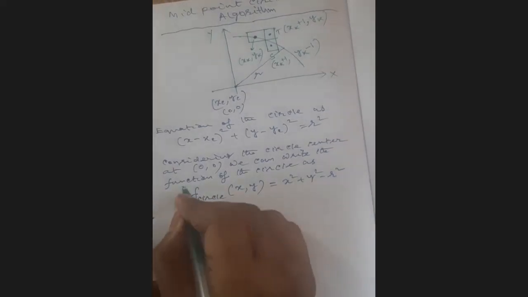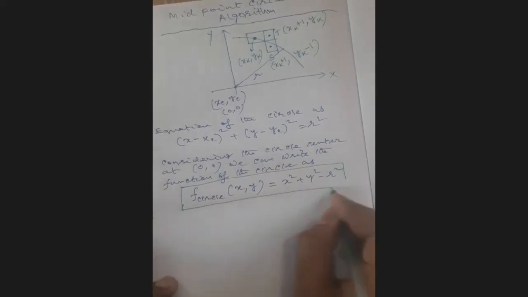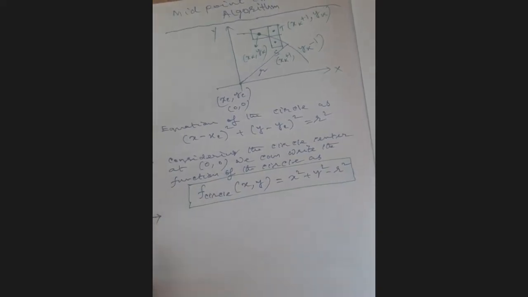Okay, the decision parameter may be defined. Based on this equation of the circle, we can make some decision. What is the decision?